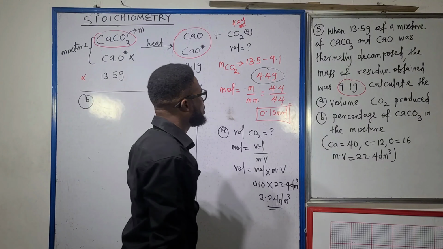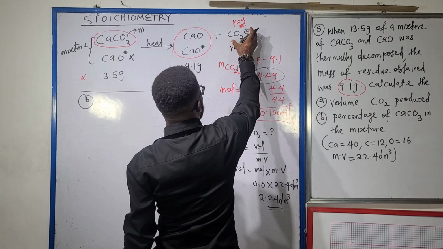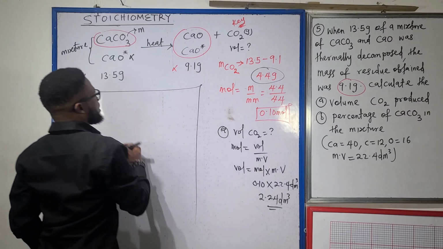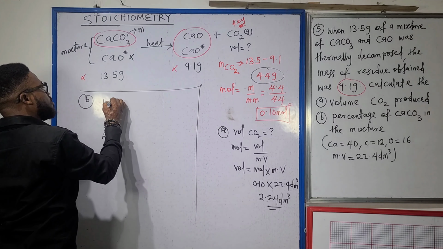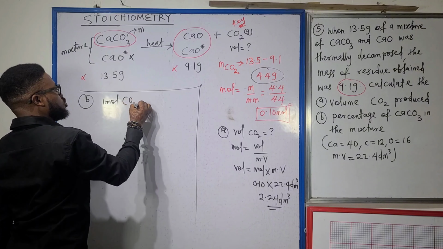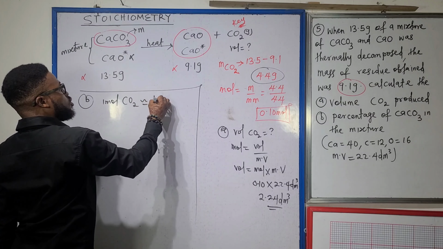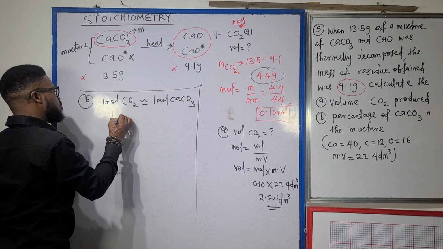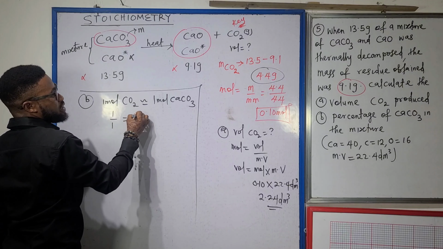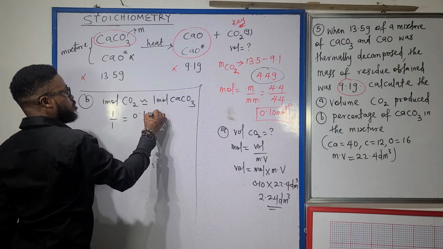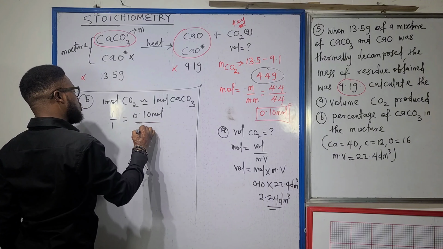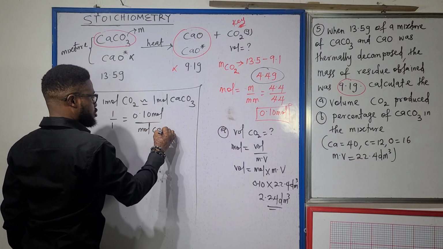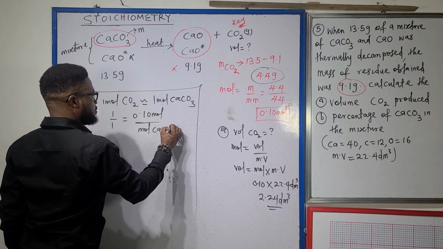So for me to do this, since this is from a balanced equation, I'll still be using this as my key. And in this case, 1 mole CO2 is stoichiometrically equivalent to 1 mole calcium carbonate. So say 1 over 1 equals 0.10 mole divided by mole of calcium carbonate.